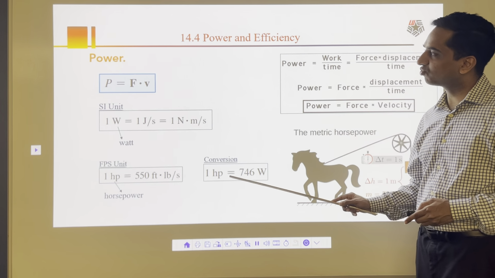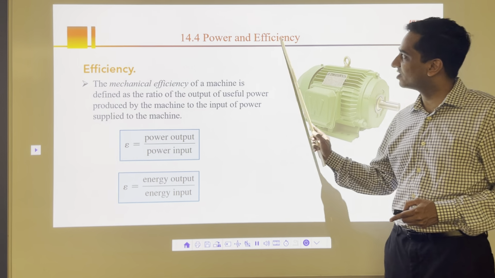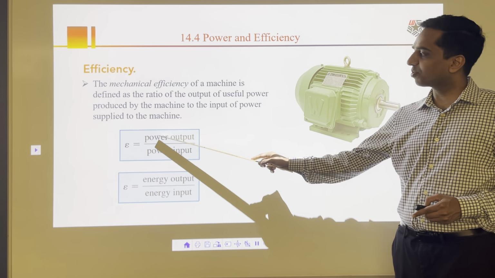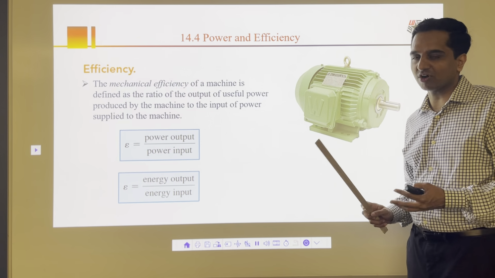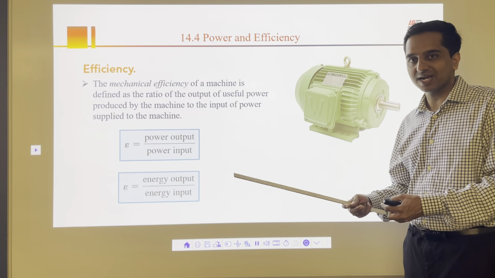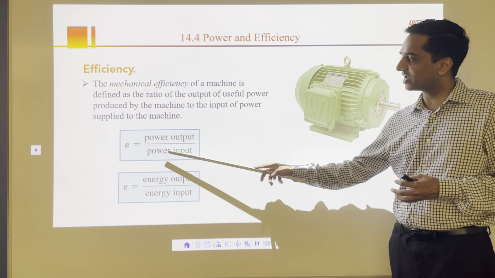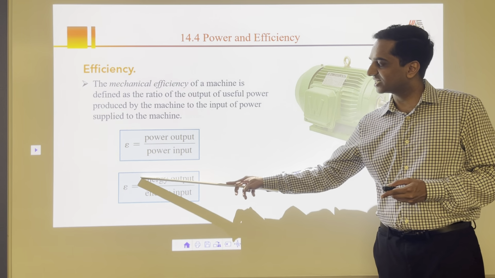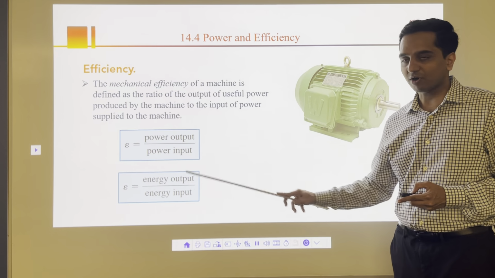So power is nothing but work divided by time, or force into velocity. And then we have efficiency. Efficiency is power output upon input. If you have any machine, let's say an electrical motor or an engine, you need some kind of input energy or input power, and then that machine will give you some output. The ratio of that output divided by input is simply efficiency: energy output by energy input, or power output by power input.